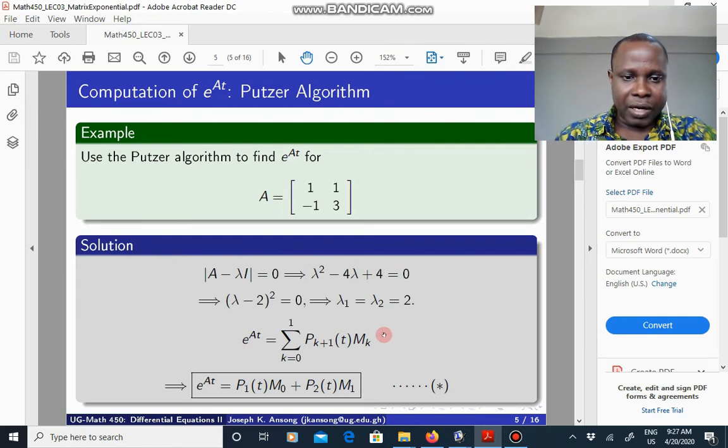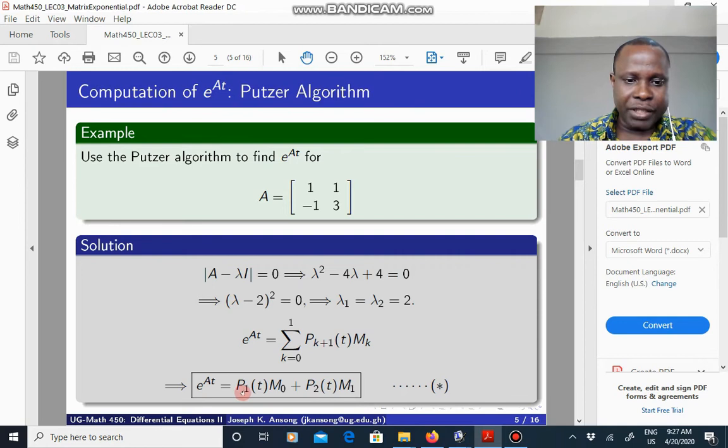In this case, your matrix exponential is just equal to the sum from k equals 0 to 1. This is n minus 1; we have two eigenvalues, so it ends at 1. Then you multiply p and m. If you expand this, you get p1 times M0 plus p2 times M1.